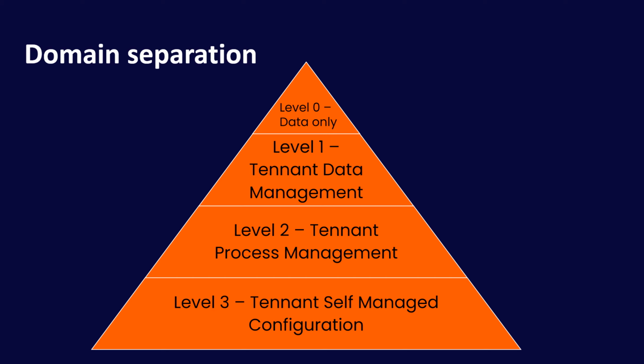Then we have domain level 1, where the tenant data is also separate, and the apps themselves, in which case AlertSync needs to send data to the right tenant, essentially. Then we have level 2, which is tenant process management, and finally level 3, which is fully separate.